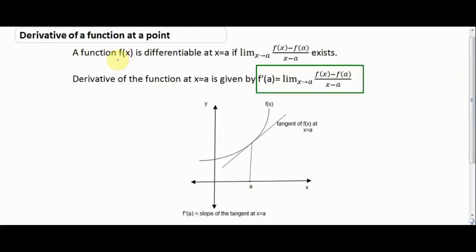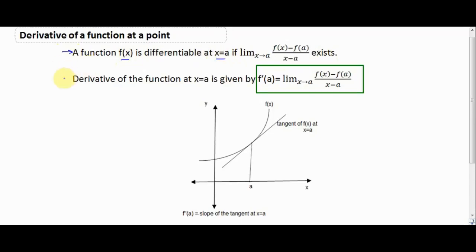A function f of x is differentiable at the point x equal to a if limit x tends to a f of x minus f of a divided by x minus a exists. So this is the condition to be satisfied by a function f of x to be differentiable at a point x equal to a.